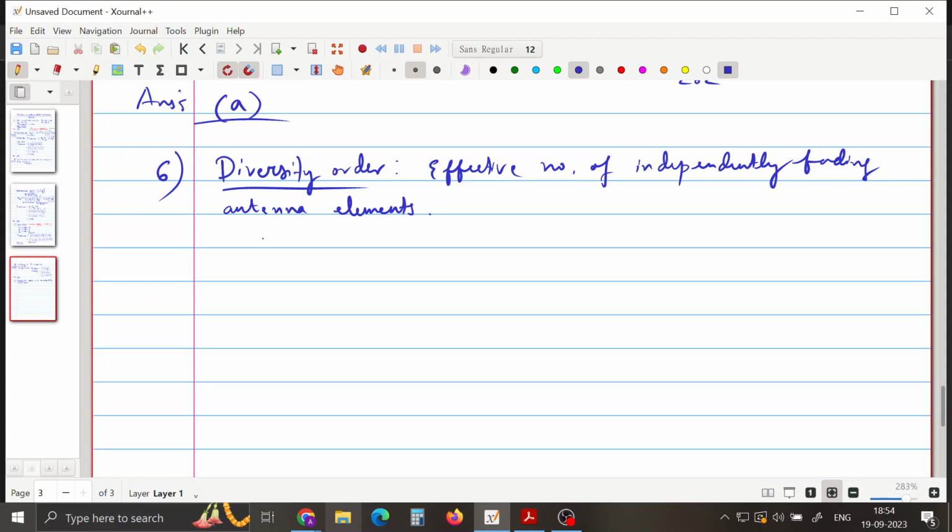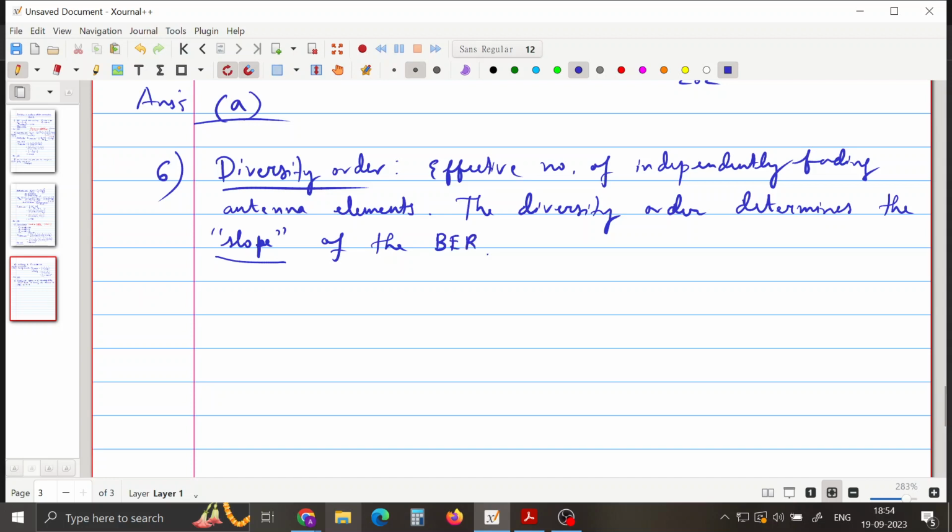And the diversity order determines the slope. Slope of what? Slope of the BER curve as a function of SNR. So the BER versus SNR curve, right? That slope is governed by your diversity order.